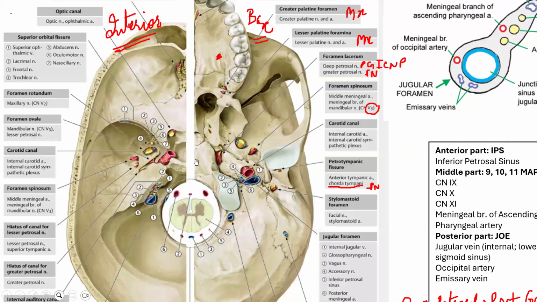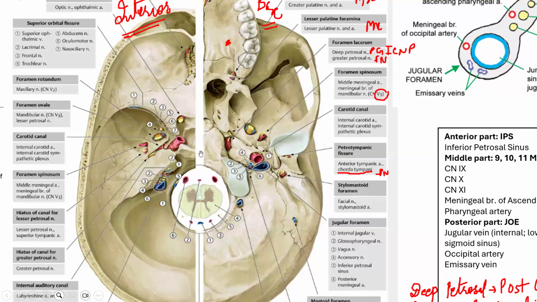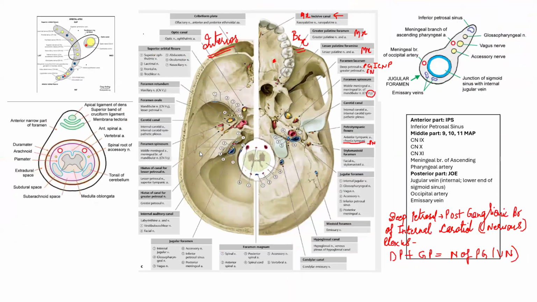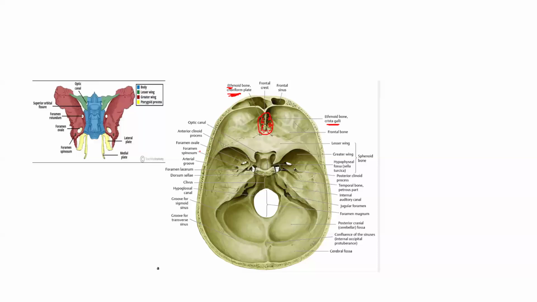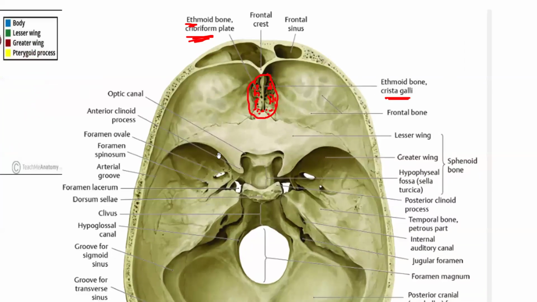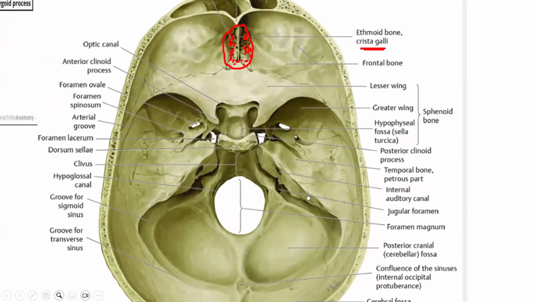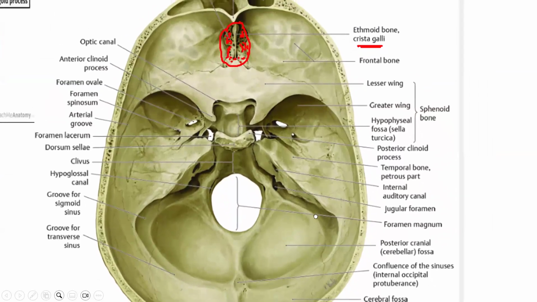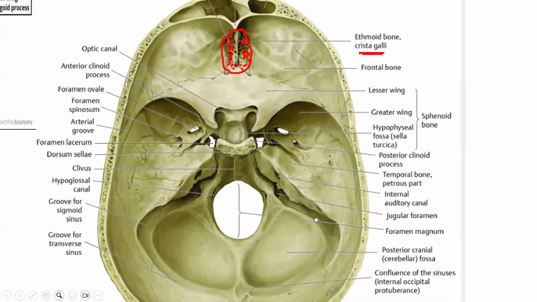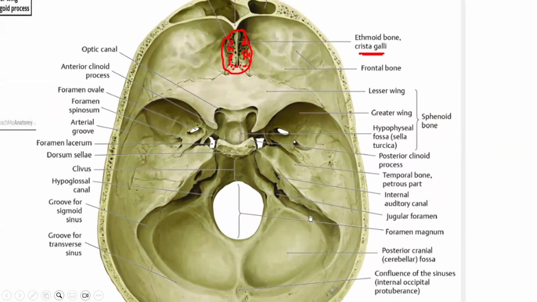Okay. Now, let me just show you a better picture of this foramen. You will understand it much better here. Now, if you see on both sides, the oval structure is known as foramen ovale.